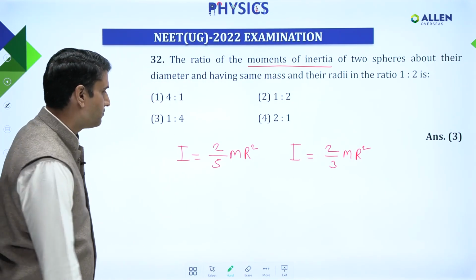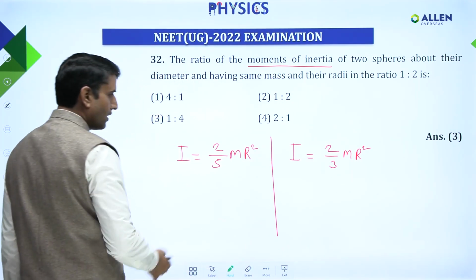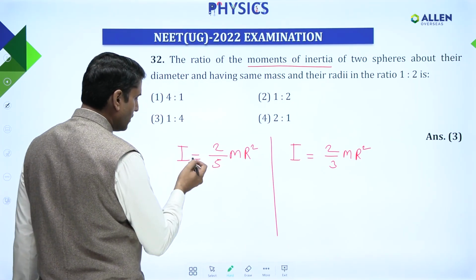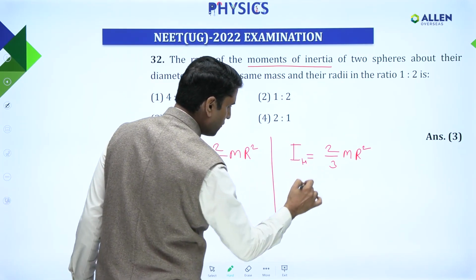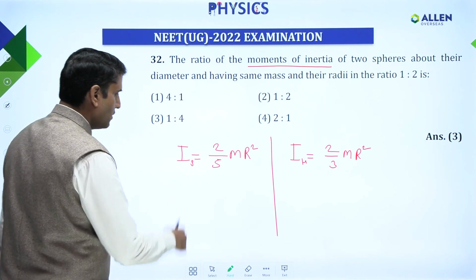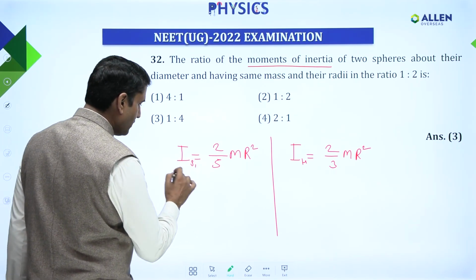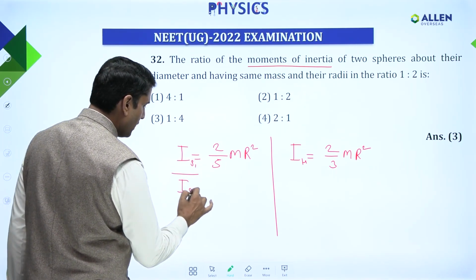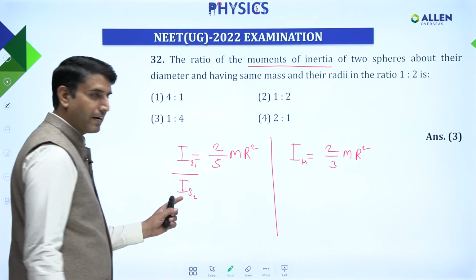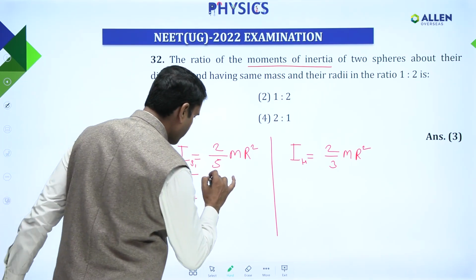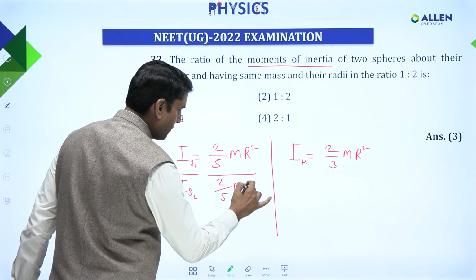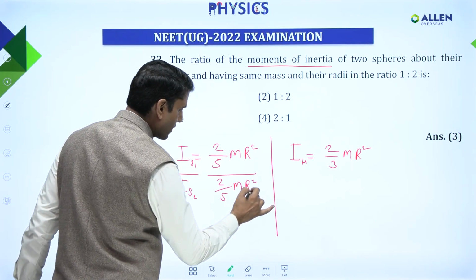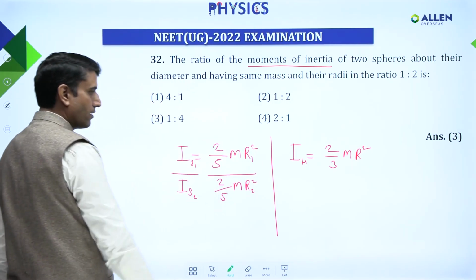Now let this be IS for solid and this be IH for hollow sphere. So IS1, IS2, that is of second sphere moment of inertia, would be 2 by 5 m r2 square. Let the first be r1.